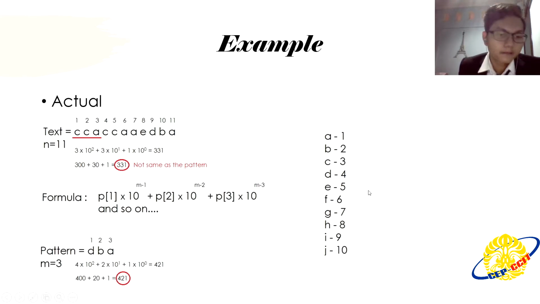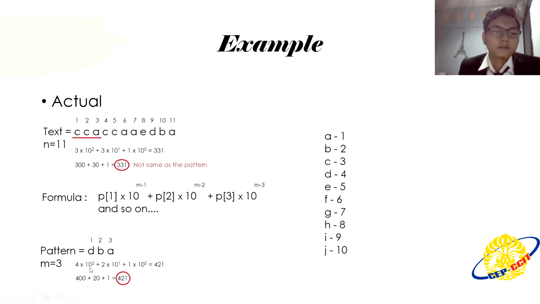So, the formula. D is 4, and then put it in. The formula is M minus 1, which is 3 minus 1 is 2, and so on, 1 and 0.